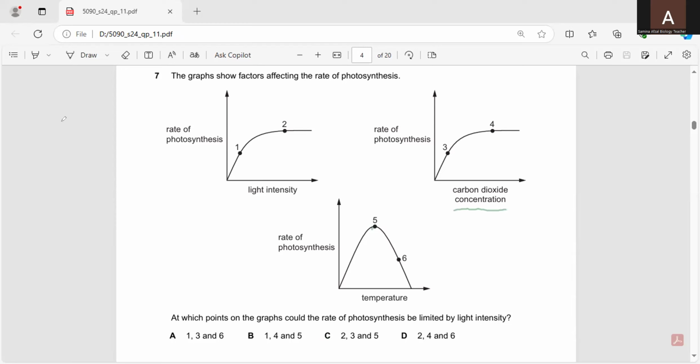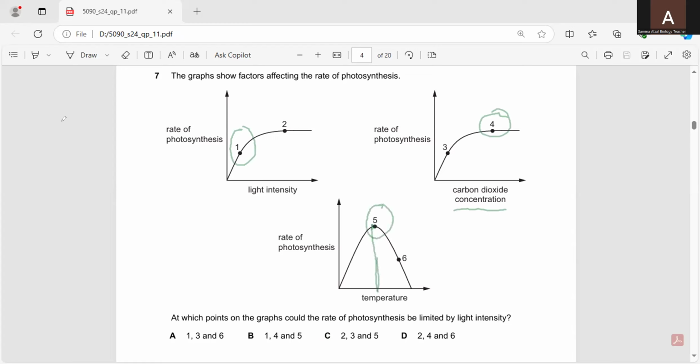So the points we have to discuss are the points at which light intensity limits the rate of photosynthesis. At point 1, the process due to light intensity will start, and then you can see 4, and then there will be the point where it will be maximum.